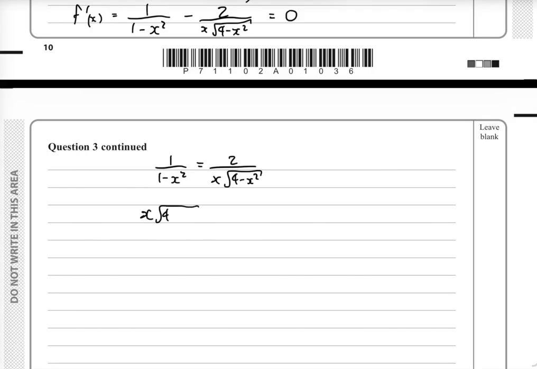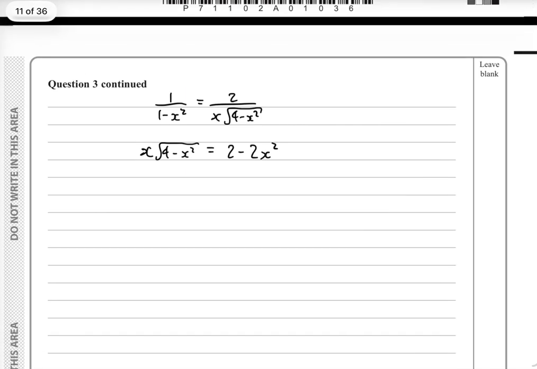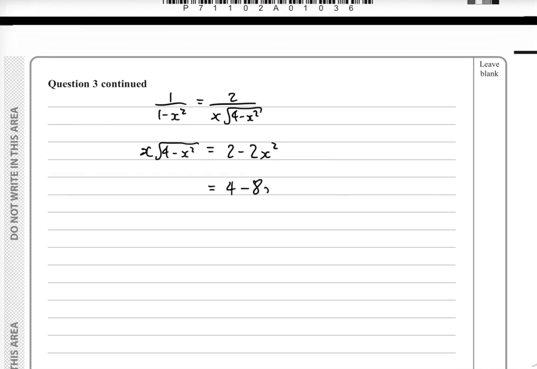X root 4 minus x squared is equal to 2 minus 2x squared. And now I'm going to square everything and get a quadratic in x squared. That's minus 8x squared plus 4x to the 4. X squared times 4 minus x squared. That's 4x squared minus x to the 4.